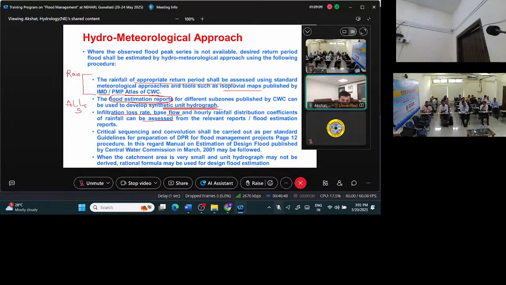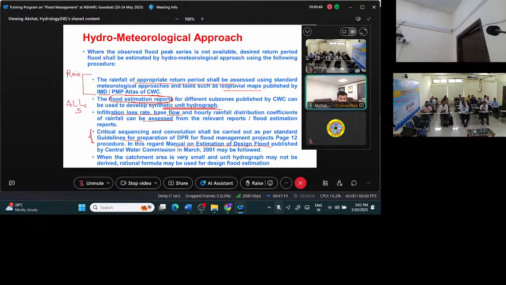For the rainfall, we'll do some steps such as critical sequencing and convolution. This is as per the guidelines of operation of DPR, and the details of this convolution and critical sequencing can be found in the manual on estimation of design flood, published by the Central Water Commission. There, example by example, everything is given also.